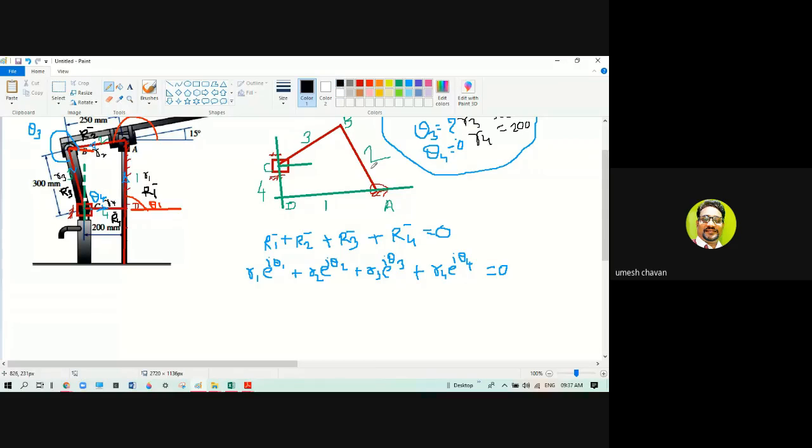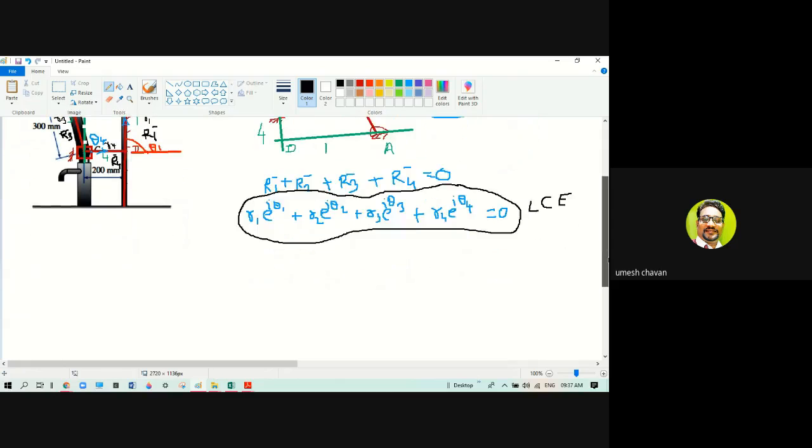Yeah, this is the LCE, the loop closure equation. See, in this R1 is unknown and theta 3 is unknown. The rest of the quantities are known. Solve this for theta 3 and R1.